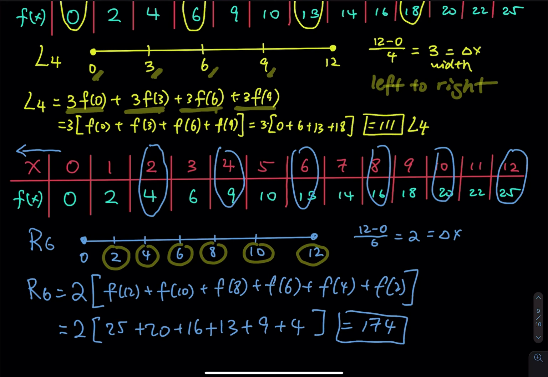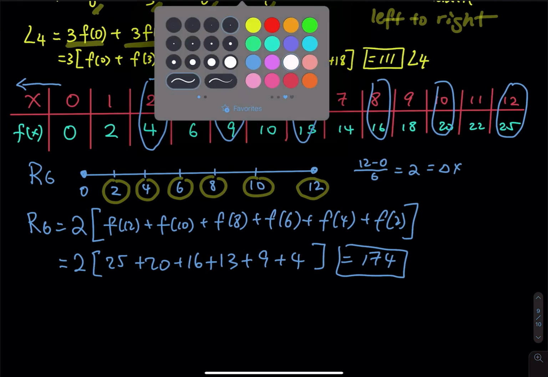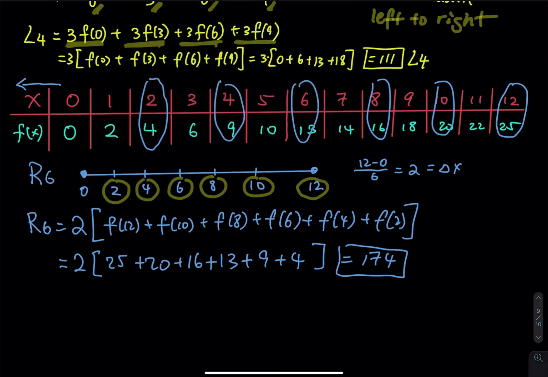Okay. So now I want to generalize this. For right sum, so let's switch to another color. Let's say area, we have a right sum using n subintervals. If you put this in a general formula, that is the limit as n approaches infinity. Why n approaches infinity?